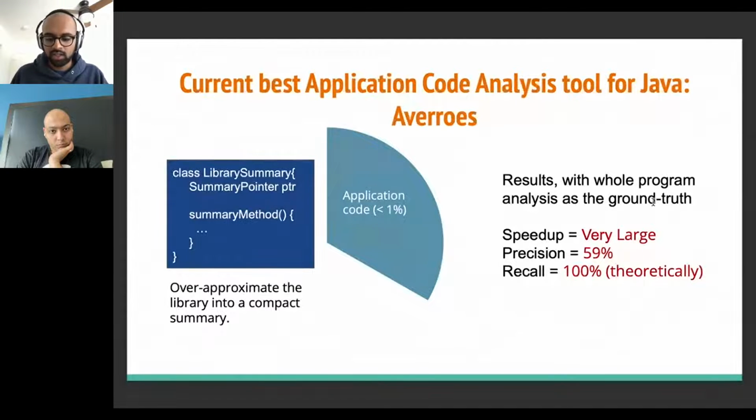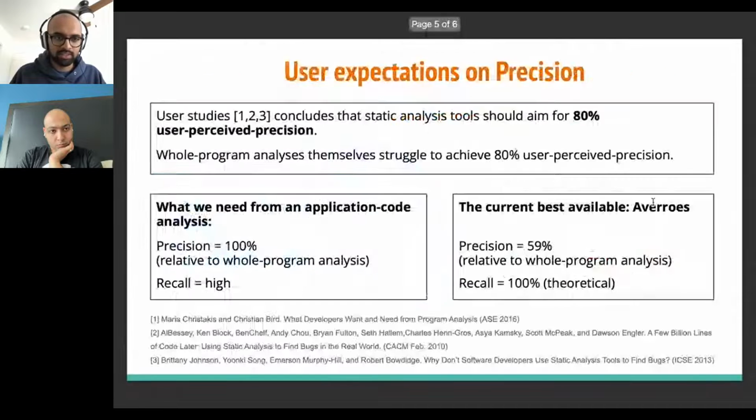Let's look at what this means, and what users expect from precision. User studies on what developers expect from static analysis tools show that we should aim for 80% user perceived precision. But one issue is that whole program analyses themselves struggle to achieve this 80% user perceived precision.